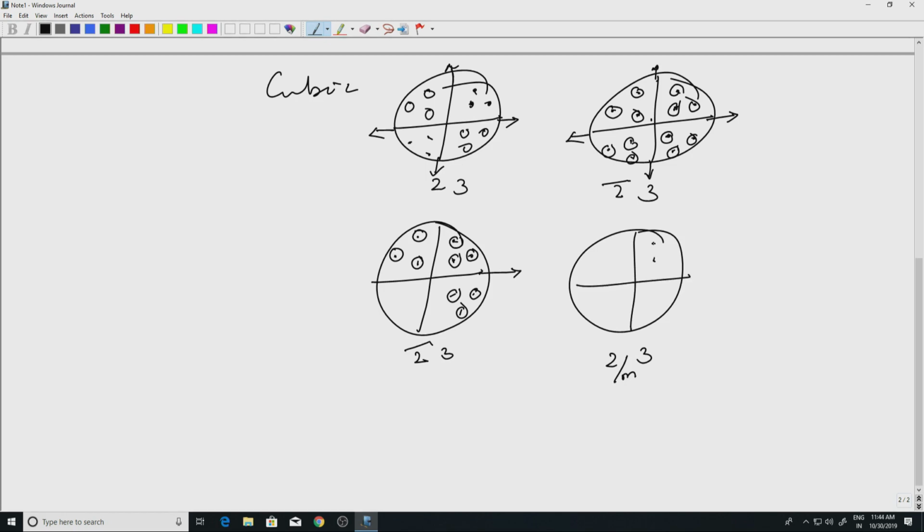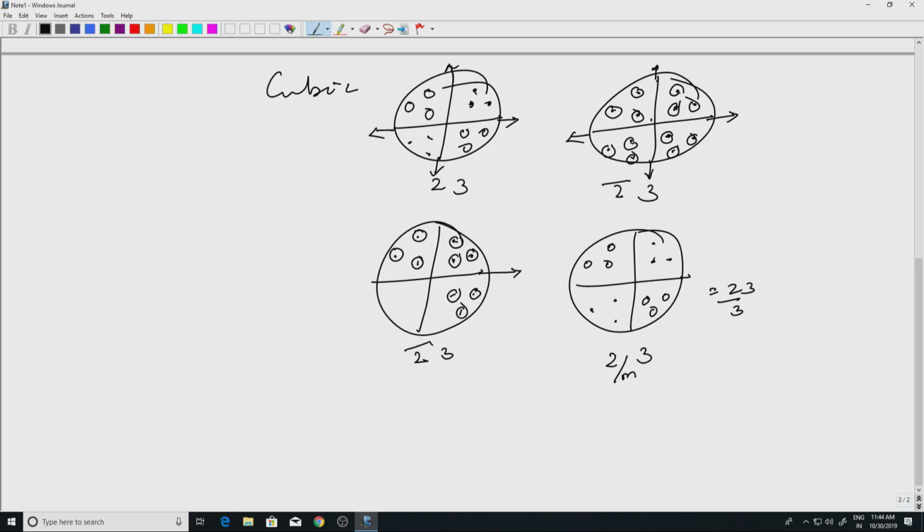Now this is our 2 3. When you put a mirror here, either I can use a mirror here or a mirror here.